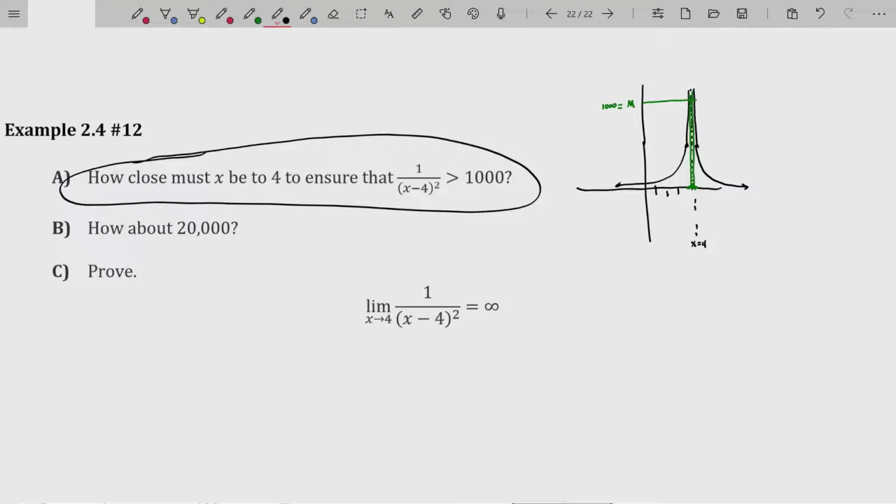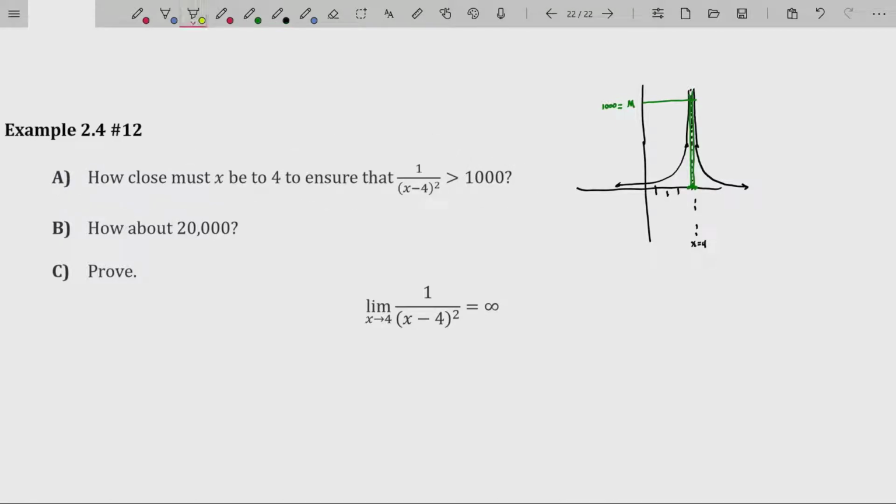We'll do that using the fact that we know the distance between x and 4 is called the absolute value of x minus 4. So we want the absolute value of x minus 4 to be really small. That's really what we want.